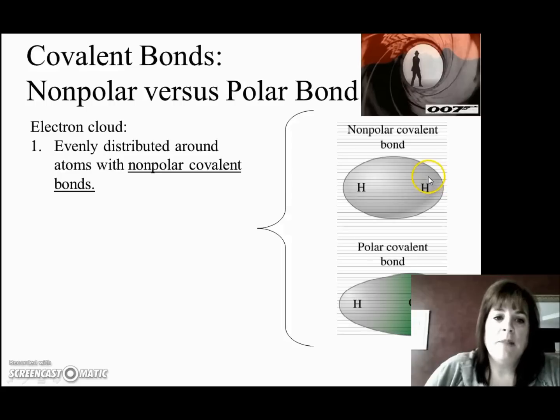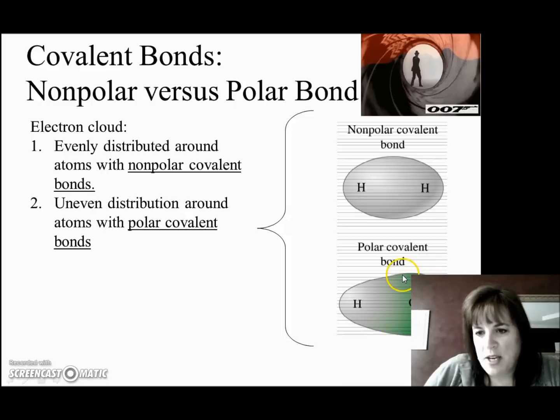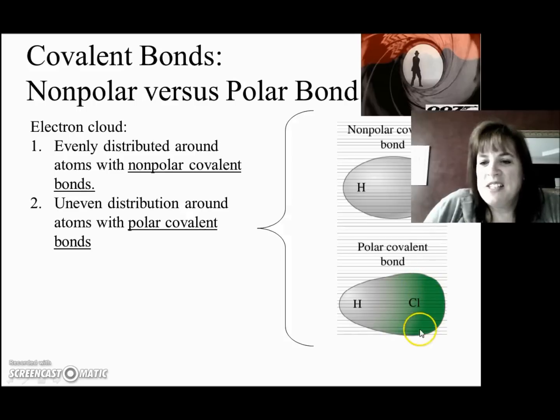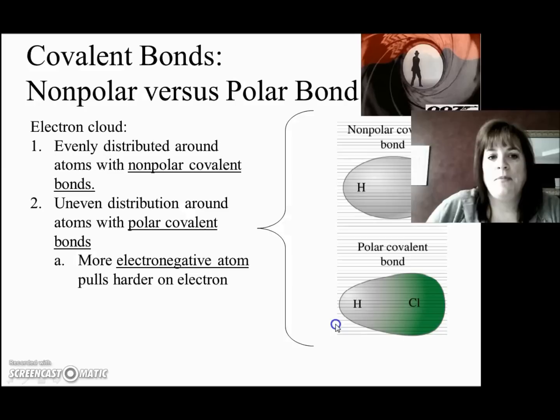They share equally. But in a polar covalent bond, we have an uneven distribution. You can't really see the rest of the chlorine here. It's behind my picture. But there we go. You can see that the chlorine here has the bigger electron cloud, so it's an uneven distribution. It's more likely that you're going to find the electron by the chlorine. So that's a polar covalent bond.